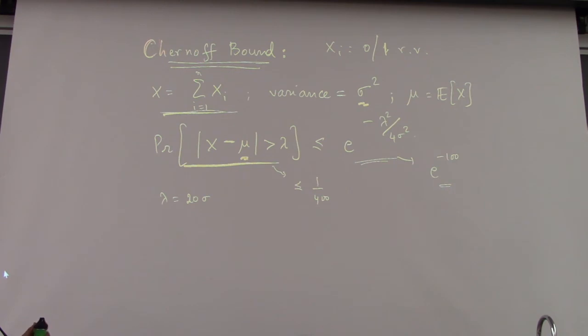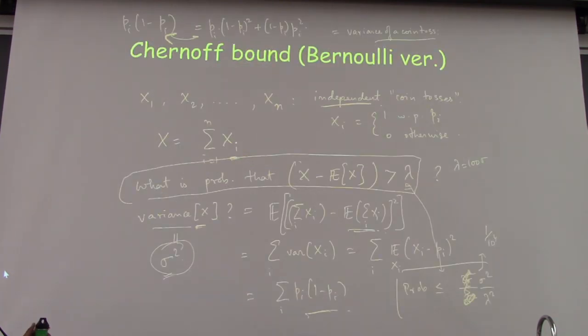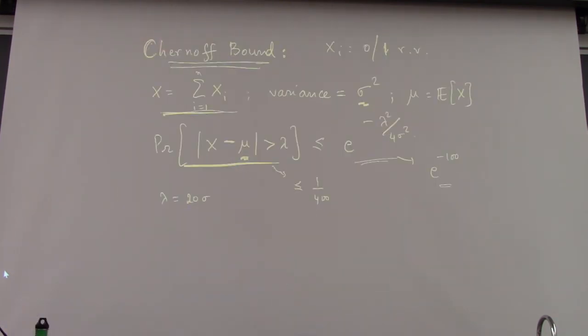Even though this looks much more powerful than Chebyshev, it turns out the proof is very similar. All these theorems are proved by taking some appropriate function. If you remember how we proved Chebyshev's inequality, we looked at the random variable y, which was x minus mu whole squared, and then used Markov on this.